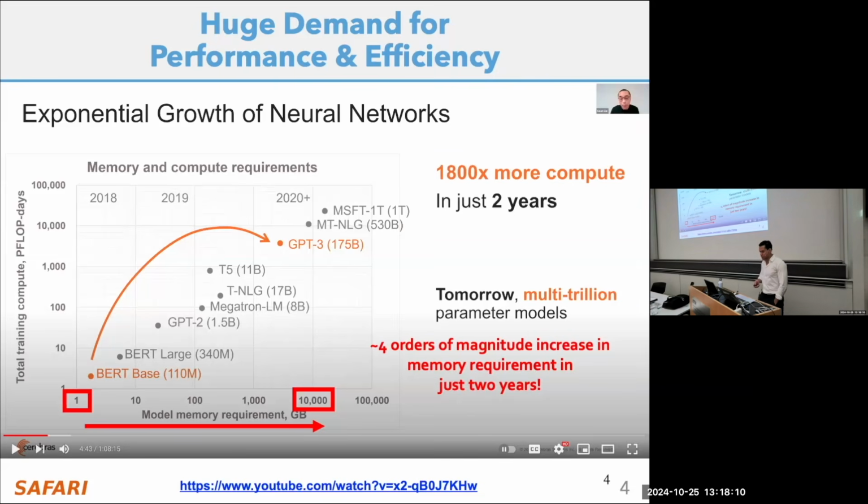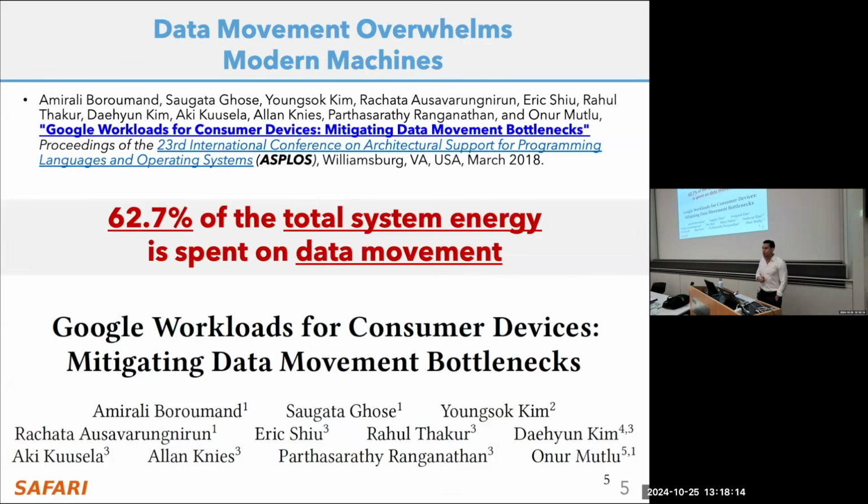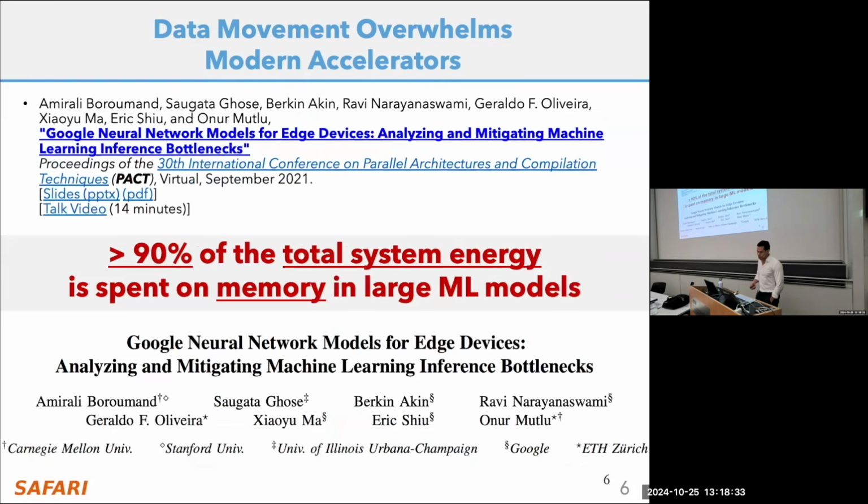This trend is just going up and is not showing that it's going to slow down anytime soon. Onur also showed in the lecture this work from Google that we did, that the problem is not only on servers or in big scale systems, but even your phone or your laptop. These data movement bottlenecks contribute significantly to the total energy consumption of your system, or your accelerator, for example, in the Google Edge CPU accelerator in this case.